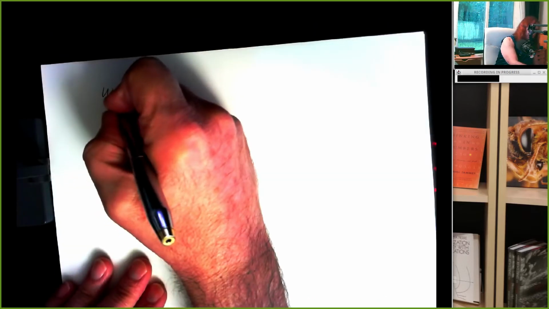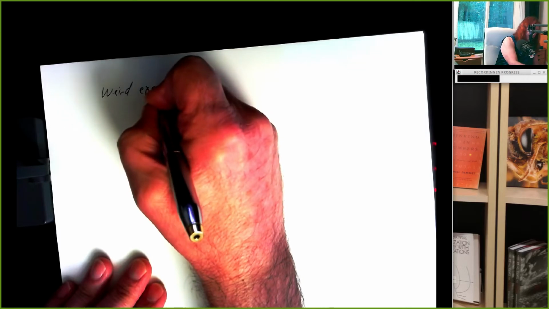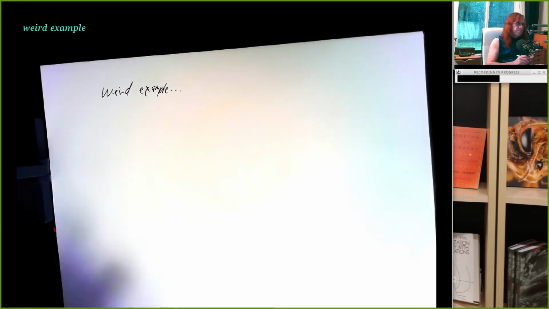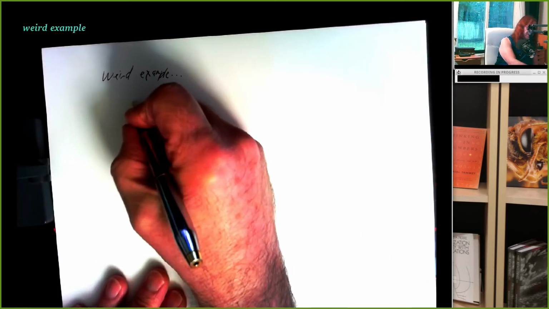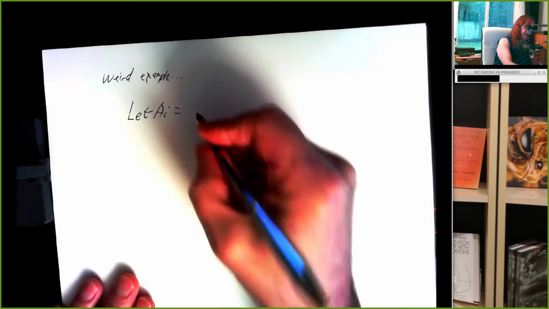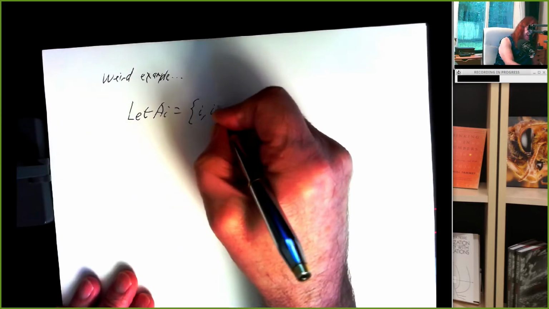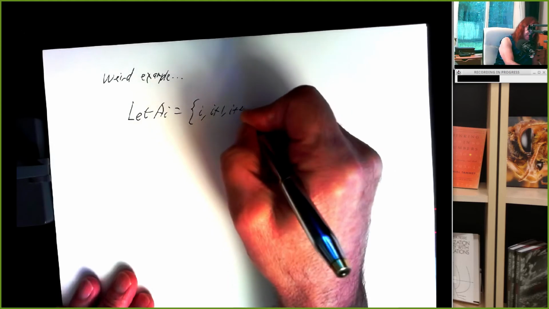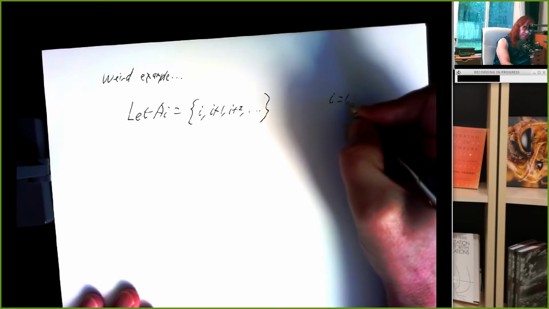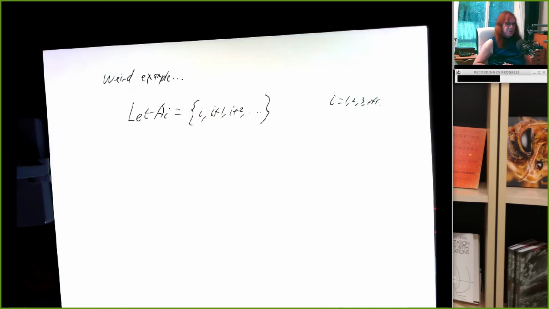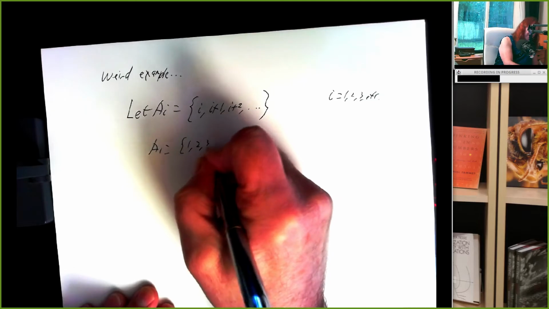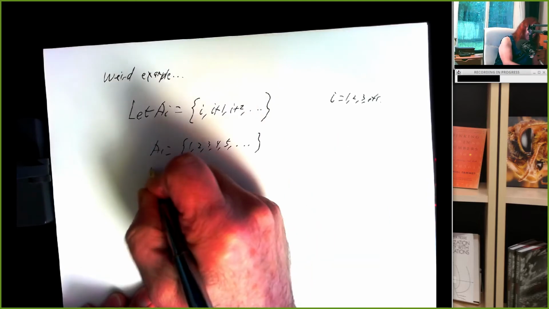So let's look at a weird example. So I'm going to define a collection of sets, A sub i, where A_i is going to be a set of integers containing i plus 1, i plus 2, and so on, where i is 1, 2, 3, etc. So for example, A1 is the set 1, 2, 3, 4, 5, and so on.